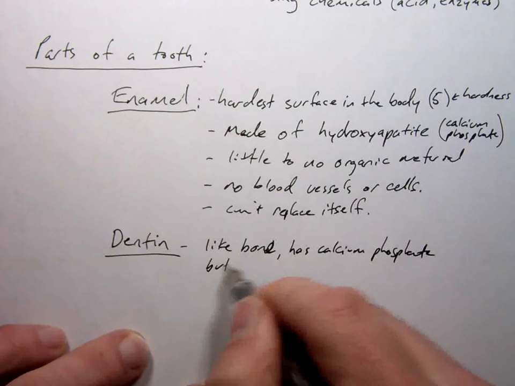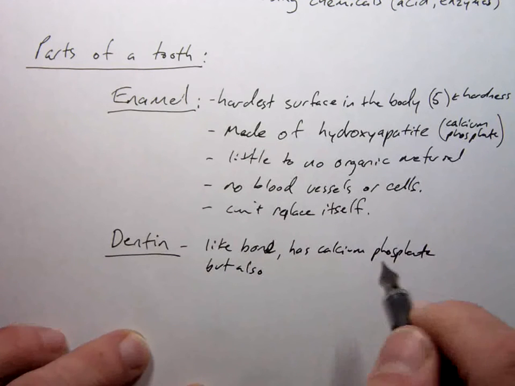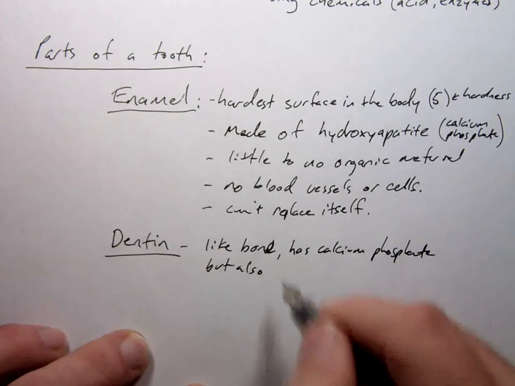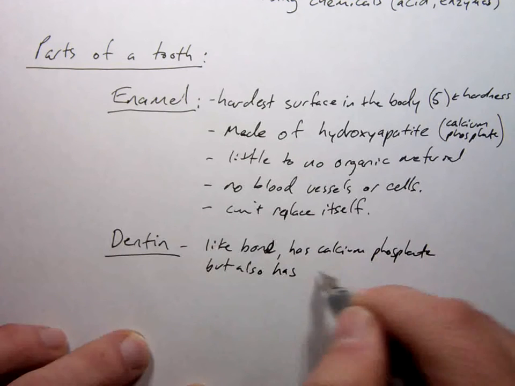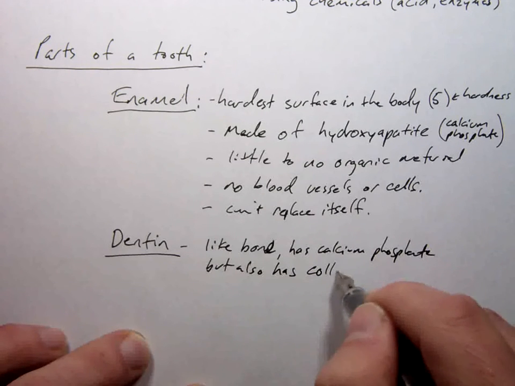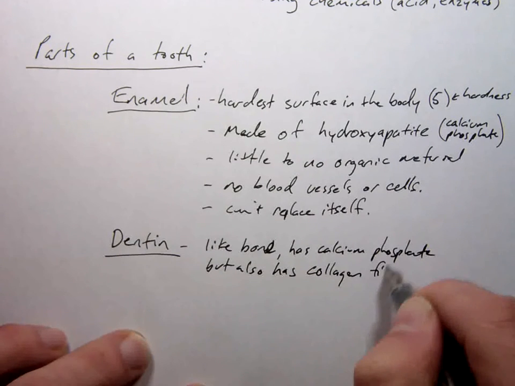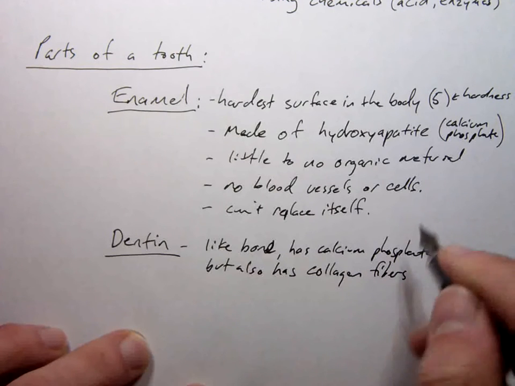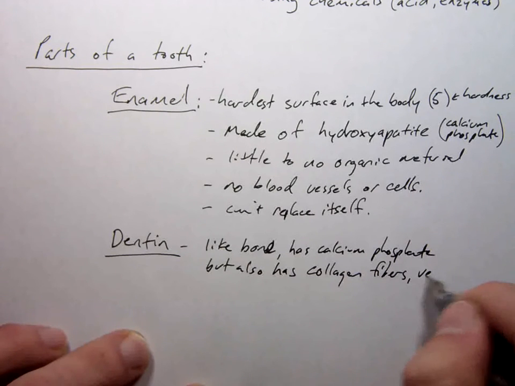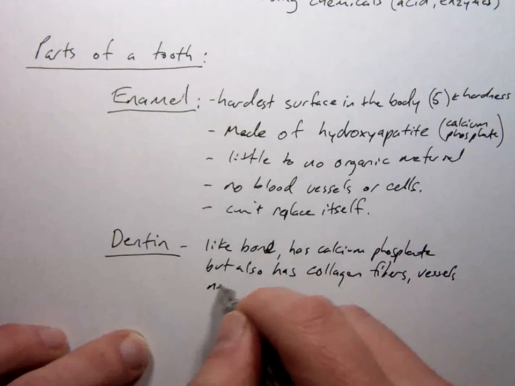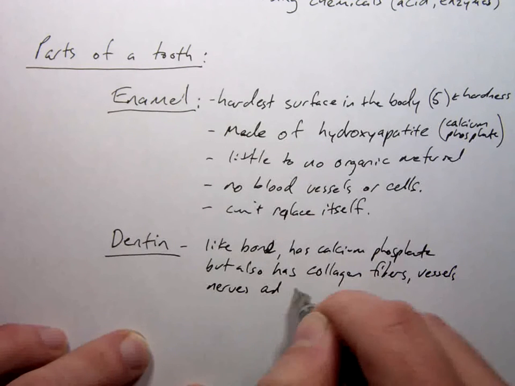But also, what was one-third of a bone's weight? Anybody remember? That's right, collagen fibers. Collagen fibers, vessels, nerves, and cells.